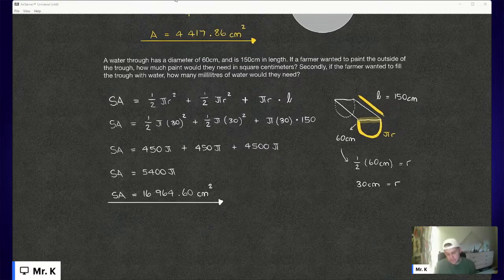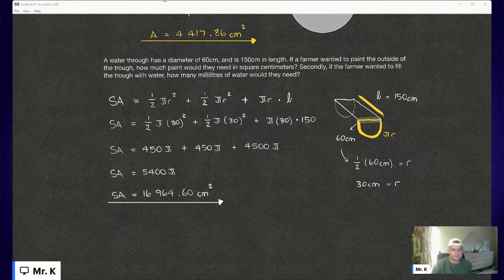Okay. This is how you are going to be asked about the measurement calculations regarding different shapes, grade nines. Right.